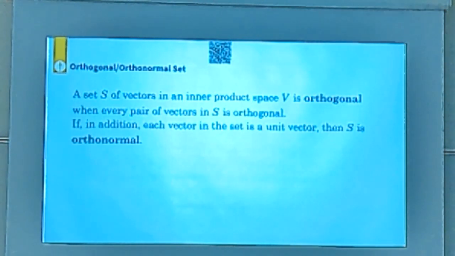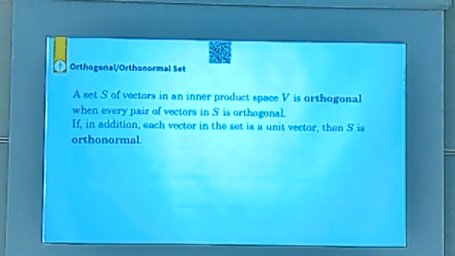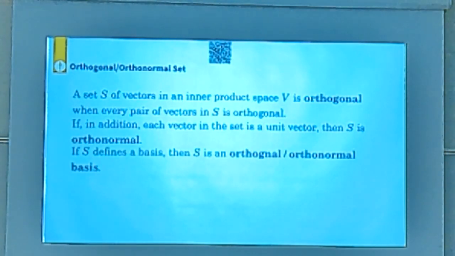If in addition to this, each vector is also unit, then it is called orthonormal. And if that set happens to be a basis, then you have an orthogonal basis or an orthonormal basis, respectively.